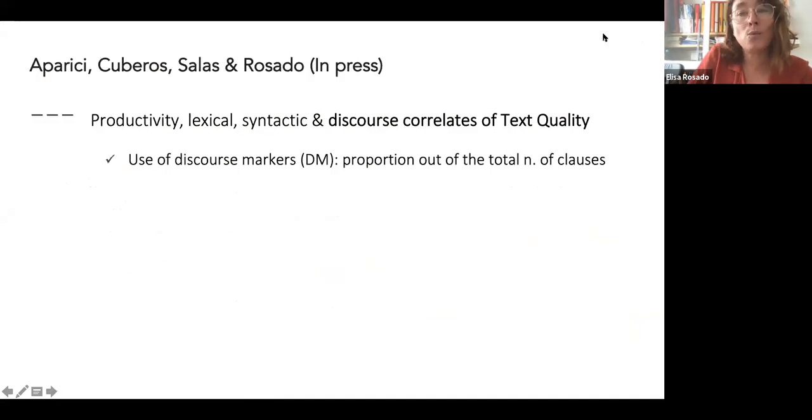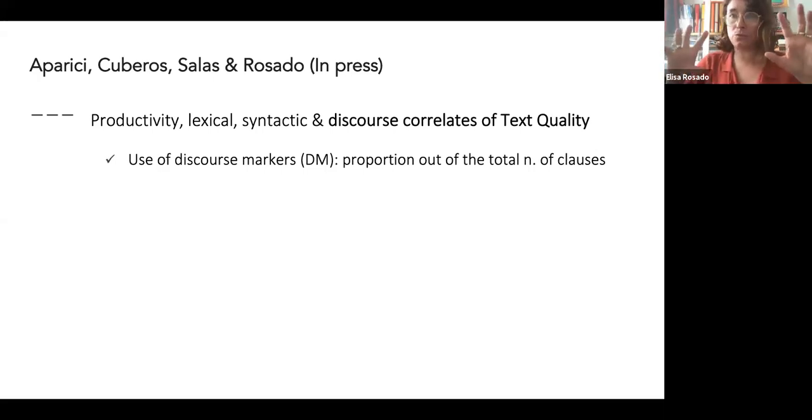Right. So we have already worked on this data, and one of the first publications, which is in press now, analyzes the predictors of text quality in this type of text. We started from the predictors that had been analyzed in previous literature, considering productivity measures, length of the text, lexical indicators, syntactic, and discourse indicators too.